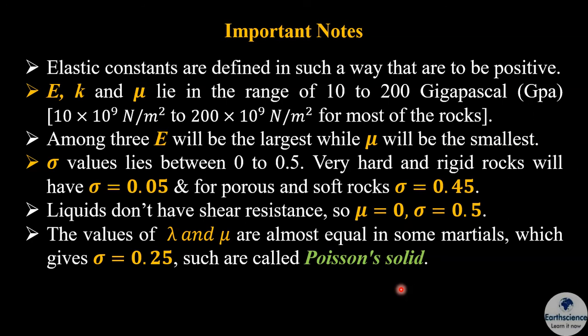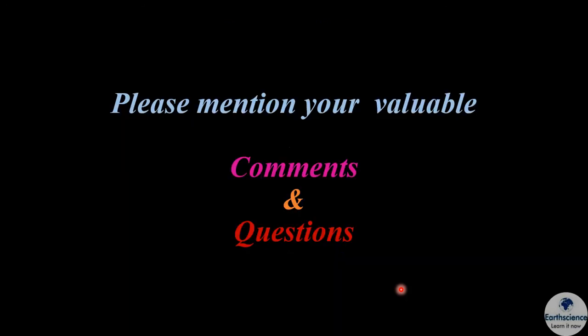That's why shear waves don't travel in the outer core. The values of lambda and mu are almost equal in some materials. Materials which have a Poisson's ratio of 0.25 are known as Poisson's solids.